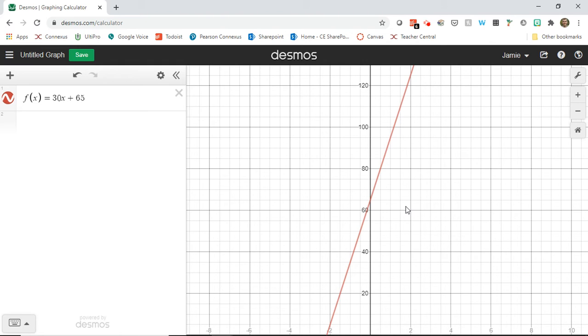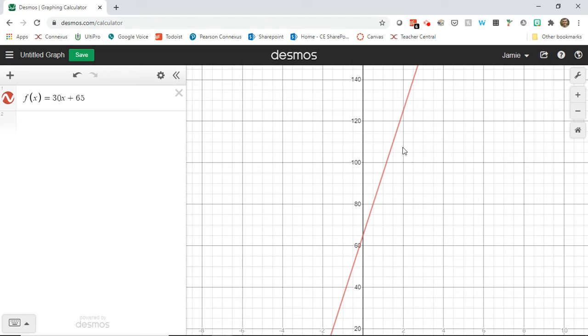All right, and so now I can see right at 125. Get my cursor on there. You'll see that when x is 2, y is 125, or f of x is what we were using here.